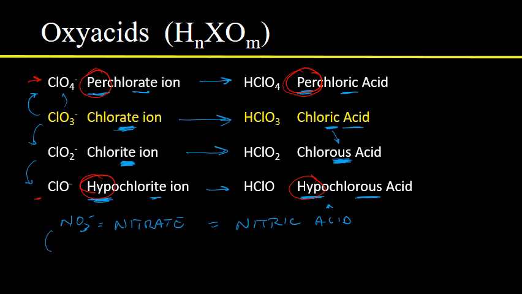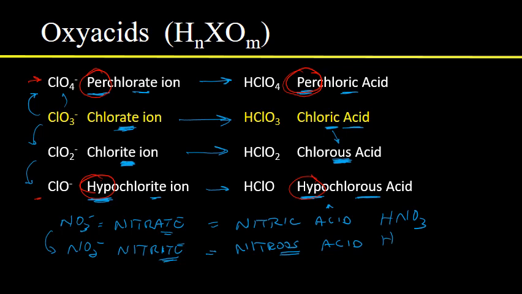So if we remove one oxygen, NO2, this gives us the nitrite ion, and the corresponding acid, I should have written the formula over here, HNO3, the corresponding acid is nitrous acid, and the formula is HNO2.